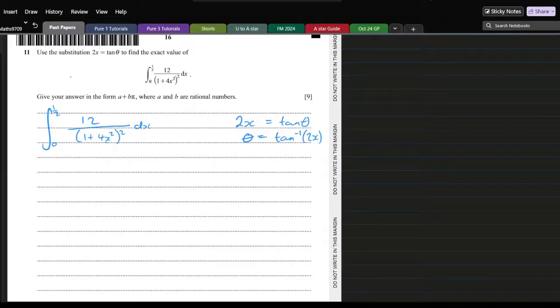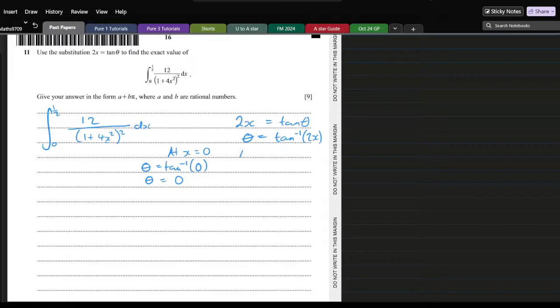So let's evaluate our limits now so that we convert them to be in terms of theta. We'll start with x is 0, that's our lower limit there. Theta would be arctan of 2 times 0, so arctan of 0, so theta is 0.